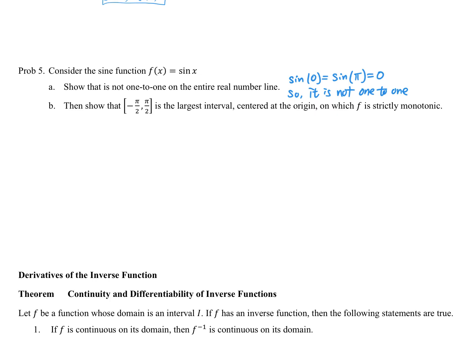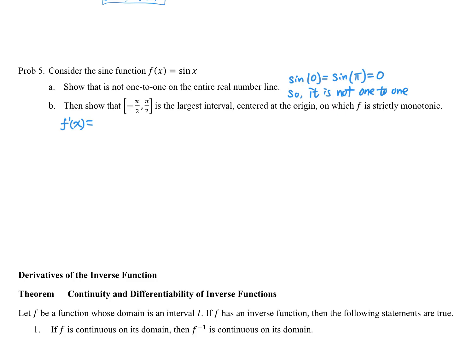Now next, let's show that this interval, negative pi over 2 to pi over 2, is the largest interval centered at the origin on which f is strictly monotonic. Well, first of all, when we want to show that it's monotonic, either increasing or decreasing, the first derivative is usually a good tool. We look at the sign of the first derivative, right?